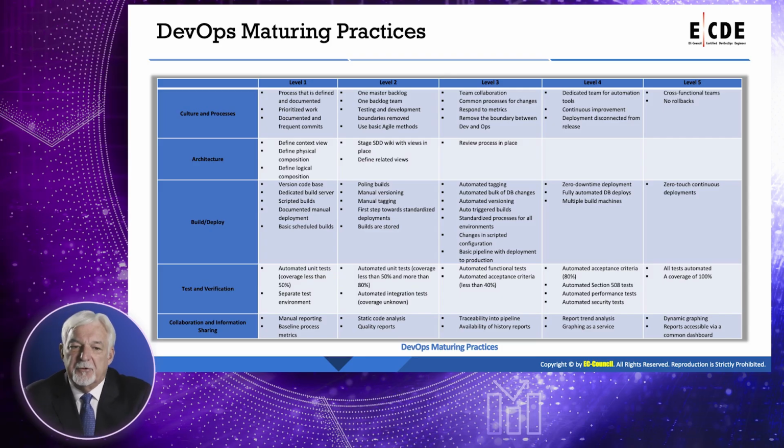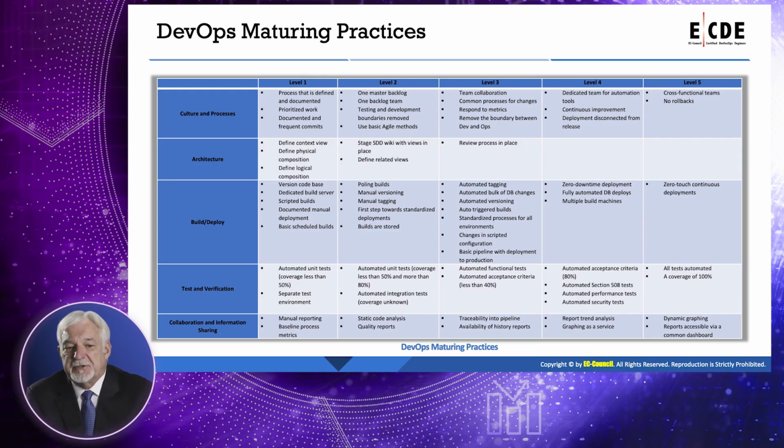So when we get up into a level 4, you'll see automated acceptance criteria hitting up around 80%. Compliance tests with like 508 for your web content accessibility guidelines, let's say, is now hitting full automation. You have automated performance tests and security testing happening. When you hit level 5 automation for tests and verifications, you're looking at pretty much 100% coverage of what you're producing, and all the tests are automated.